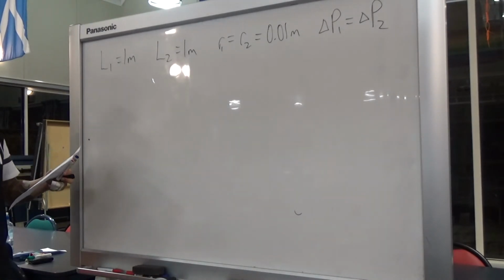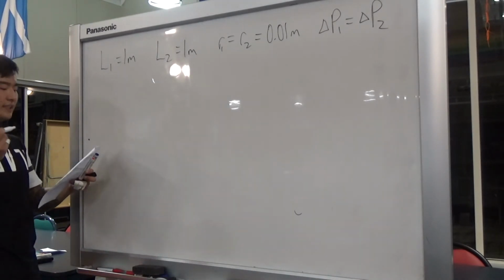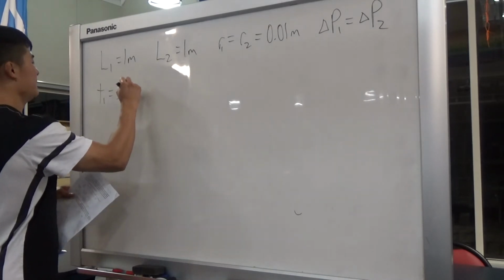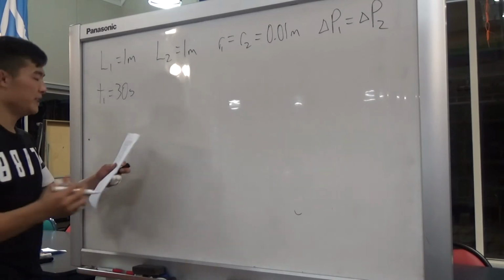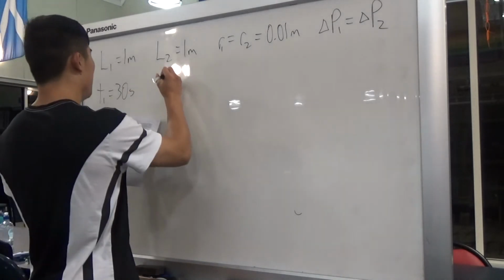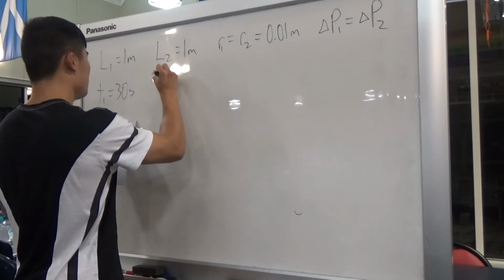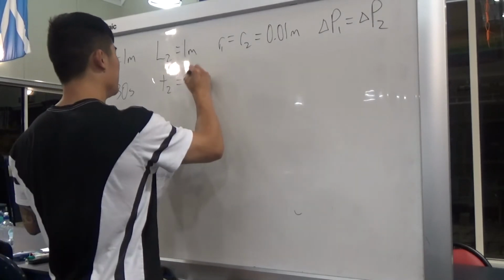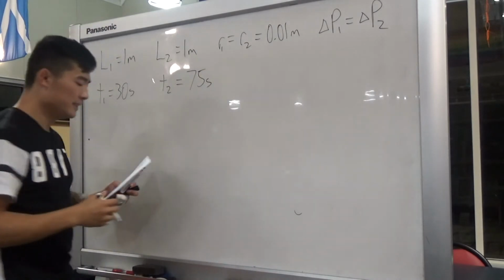It takes 30 seconds for a volume of water, so let's say that's T1. T1 is equal to 30 seconds, so that's when water is being used. And then T2 will be when we're using the unknown fluid, so that's 75 seconds.